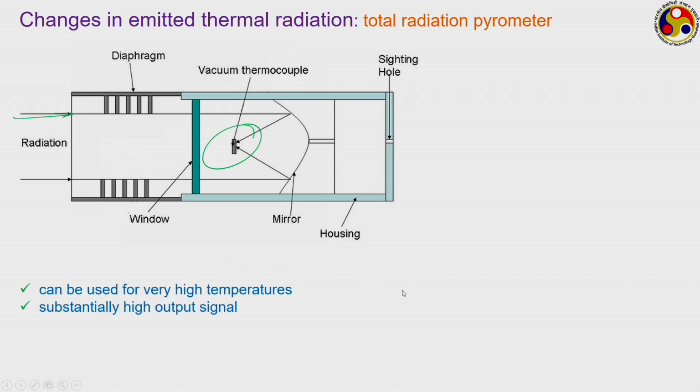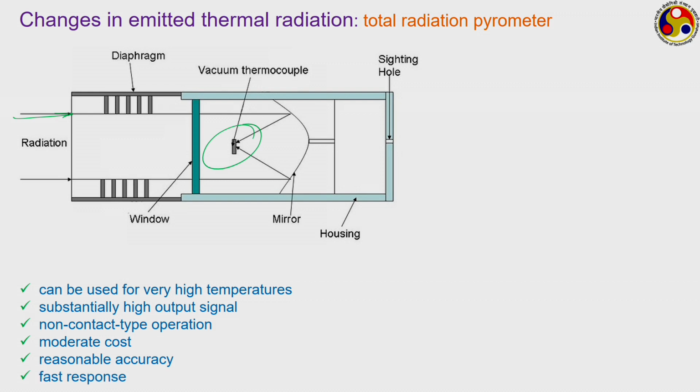We get a substantially high output signal here, which was a problem in the case of thermocouples, etc. Non-contact operation is the biggest advantage for any kind of pyrometer. They are moderate in cost, reasonably accurate, and have quite a fast response, at least faster compared to liquid-in-glass thermometers or sometimes even RTDs.